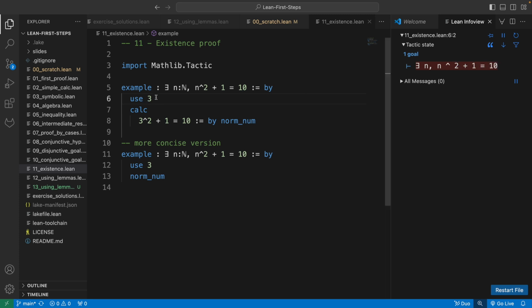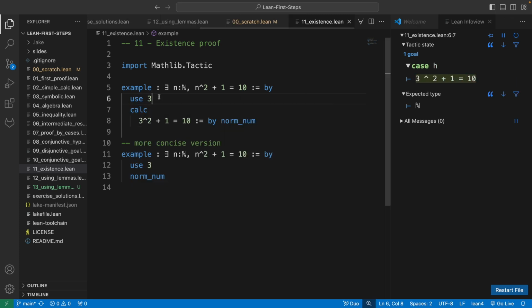After use 3 is run, the proof objective changes and the n's become a 3. So we now have to prove that 3 squared plus 1 is 10. So it's almost substituted. So let's step back and talk in plain English.